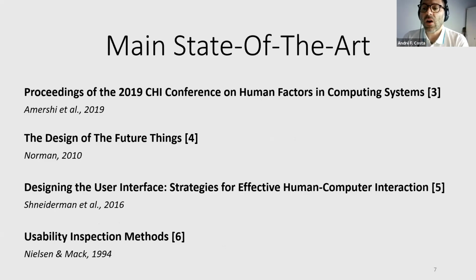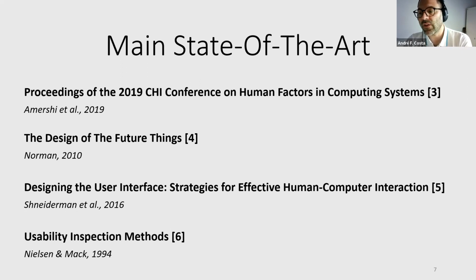The main state of the art that we'll present today are works that already have their own guidelines that we use in the next step to construct our table. The first work was the proceedings of the 2019 CHI Conference on Human Factors in Computing Systems, which is the premier international conference in human-computer interaction.